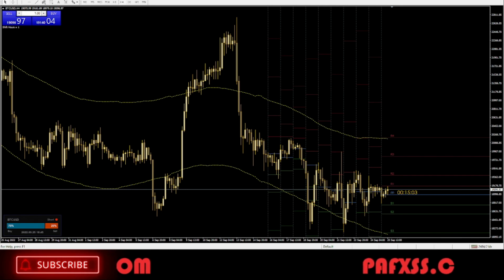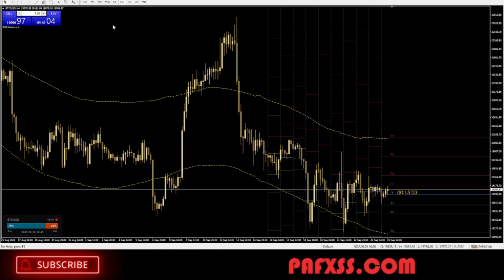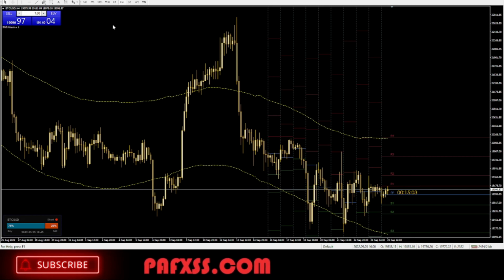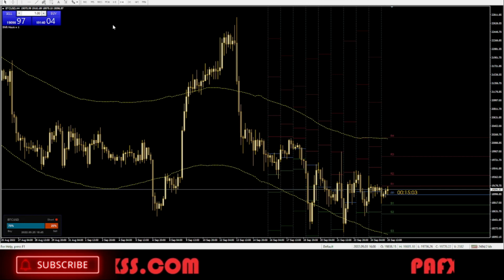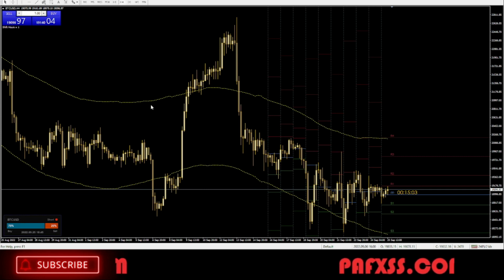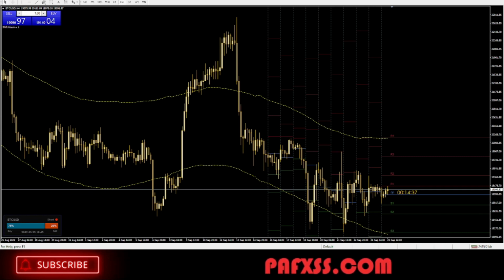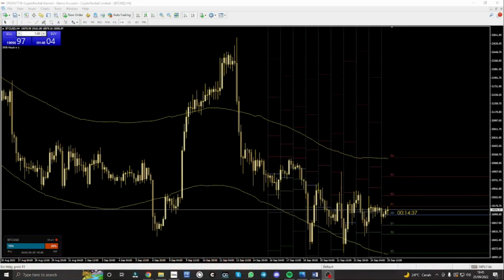Now let's say you found one crypto pair with a full confirmation of the PAFXSS Insider Technique strategy. After you found it, you're going to go to Binance.com and log in.